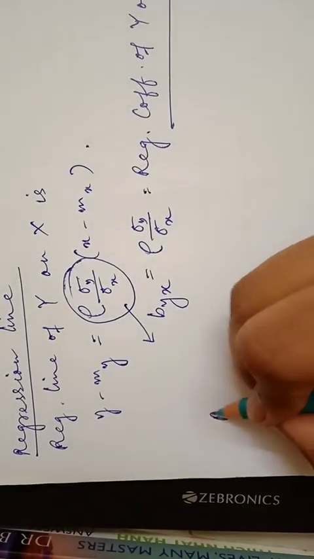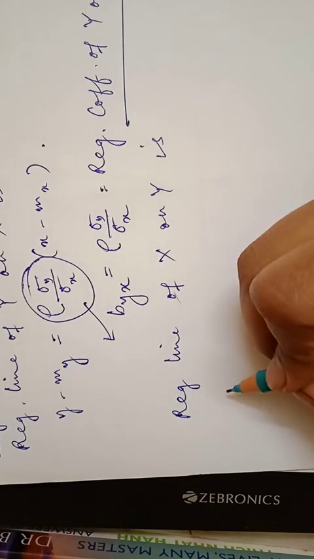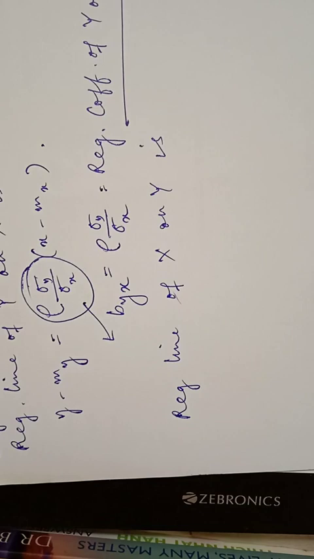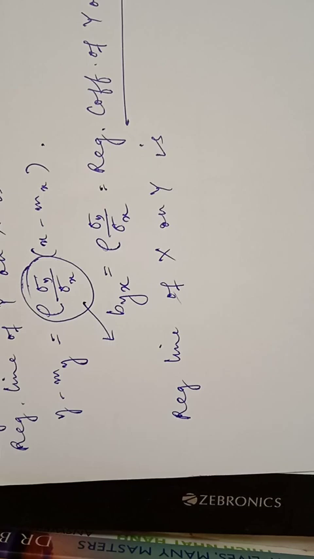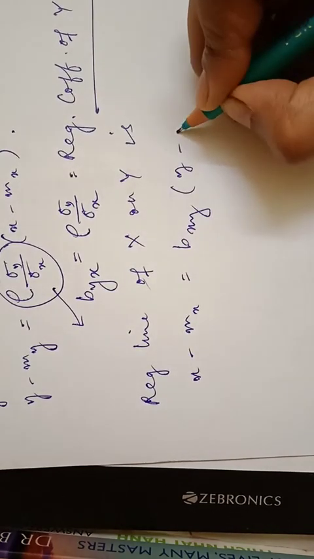Similarly, the equation of the regression line of x on y is x minus mx equals bxy into y minus my.